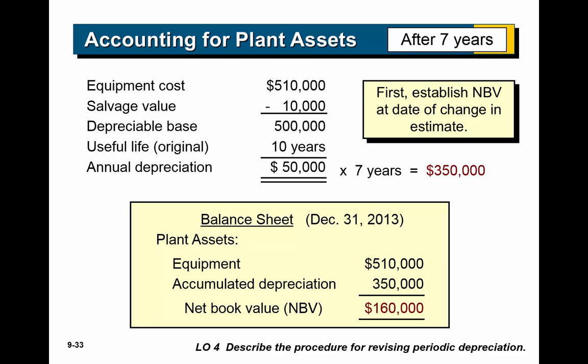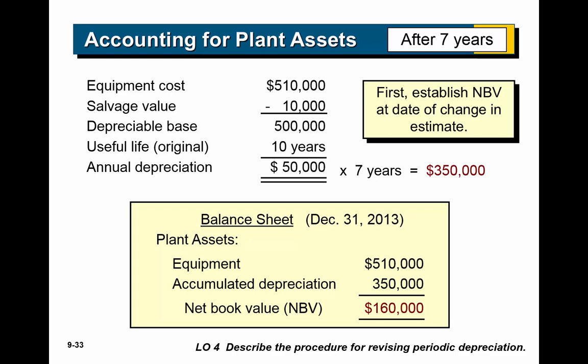They've been doing $50,000 a year. We multiply that by the 7 years that have already been depreciated. So we know there's been a depreciation expense taken already, an accumulated depreciation of $350,000. That means the asset as of December 31st, 2013, its cost minus accumulated depreciation gives us the book value of $160,000. That's after 7 years.